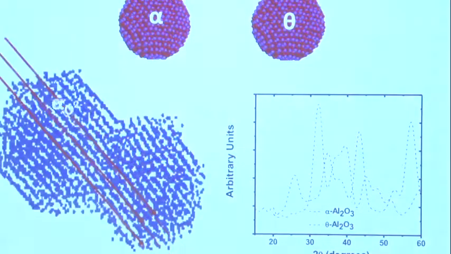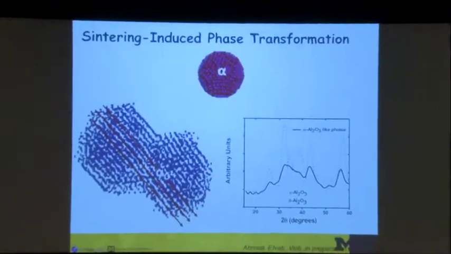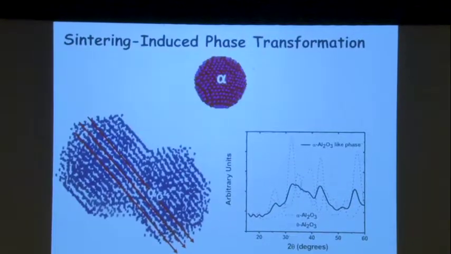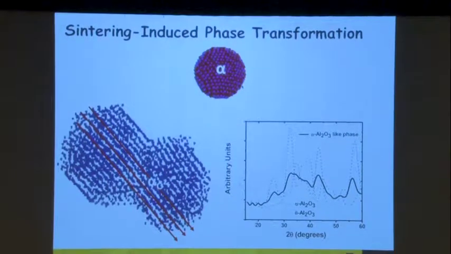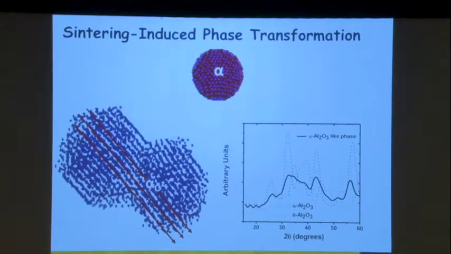What we found is basically that once you put them together, the result is this alpha configuration. This was due to the diffusivity of oxygen atoms between the two systems. I don't know if the graph is completely clear, but basically this is a comparison between the XRD that we computed from molecular dynamics simulation and the experiments, and we matched the peaks very nicely.